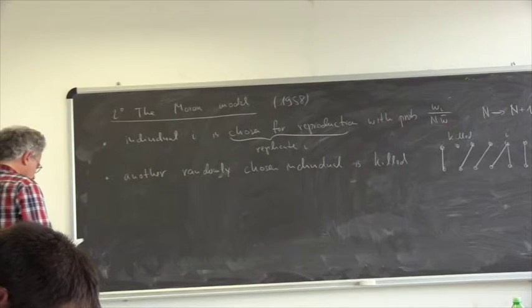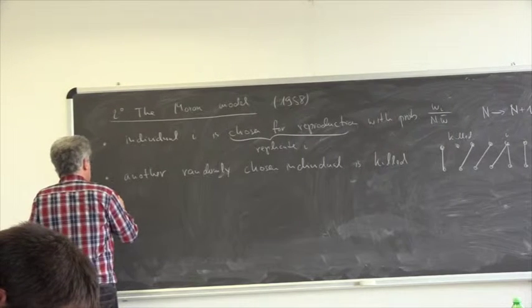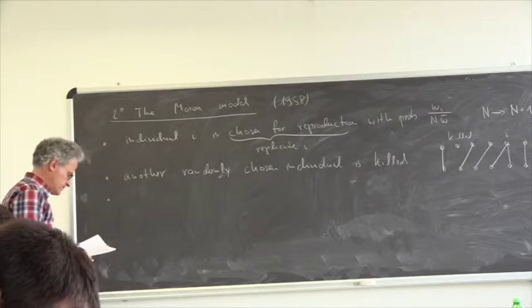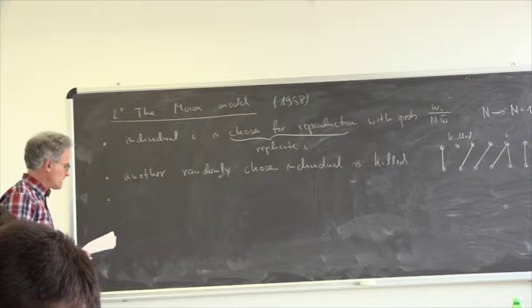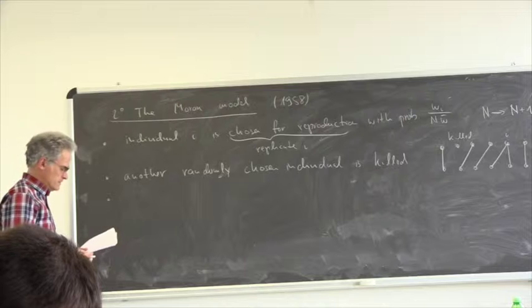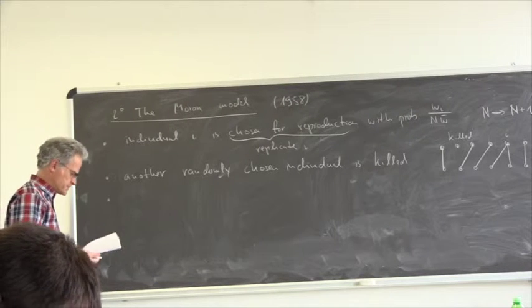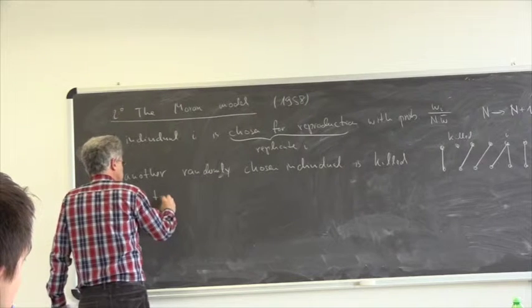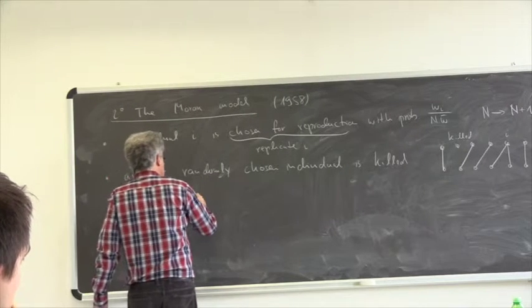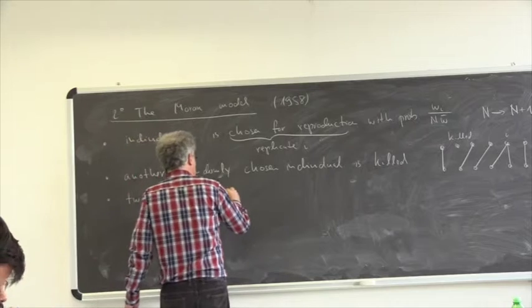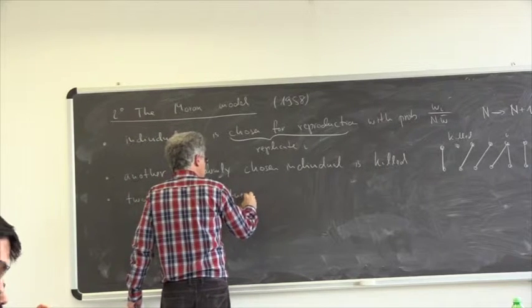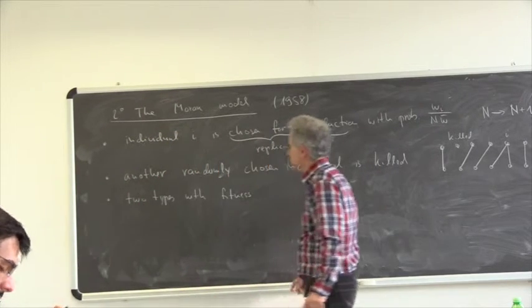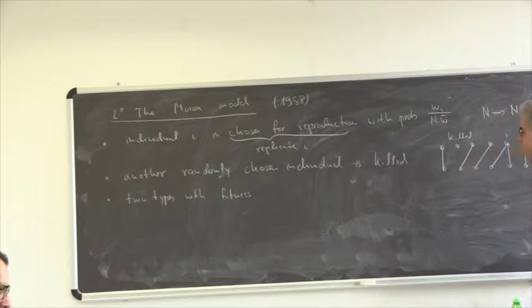Okay. So now we want to consider again the case of two types. And now we will consider that these types don't have the same fitness, because we actually want to look at the effect of selection.